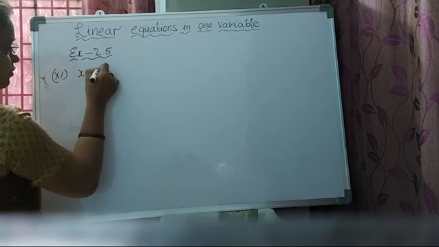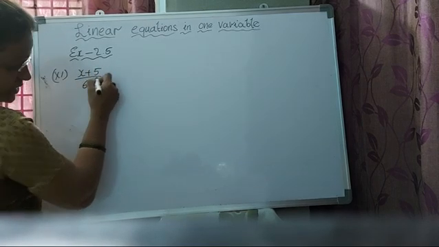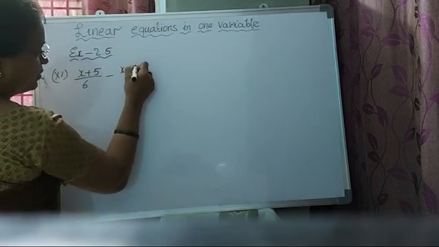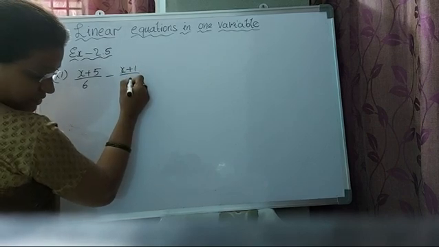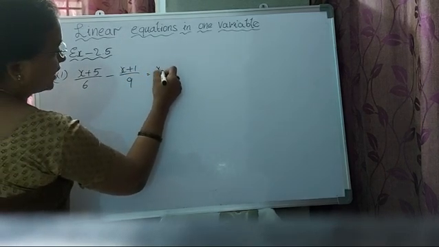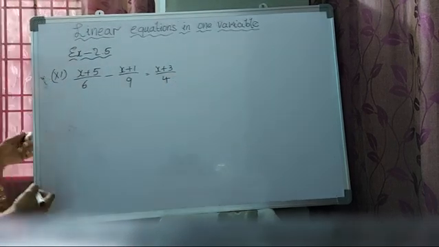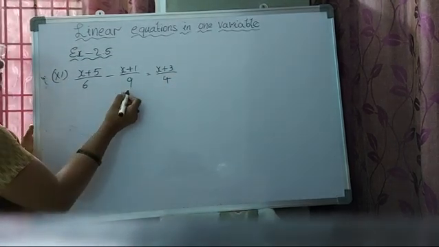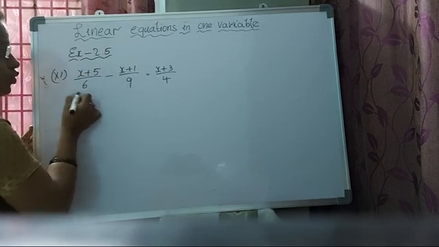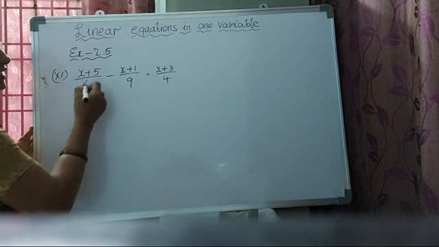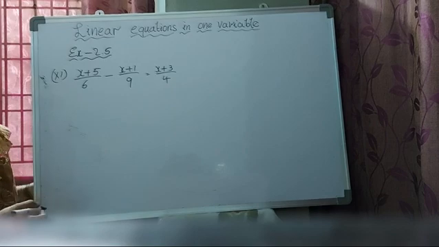x plus 5 by 6 minus x plus 1 by 9 is equal to x plus 3 by 4. Now you see, first take the LCM. If there is only one term, we can just cross multiply.